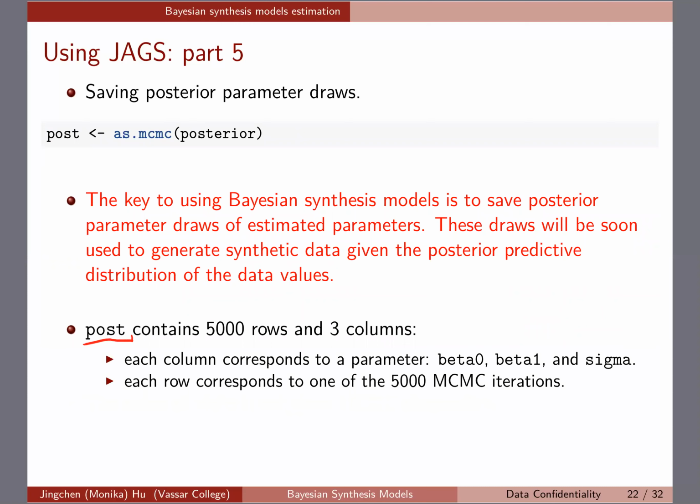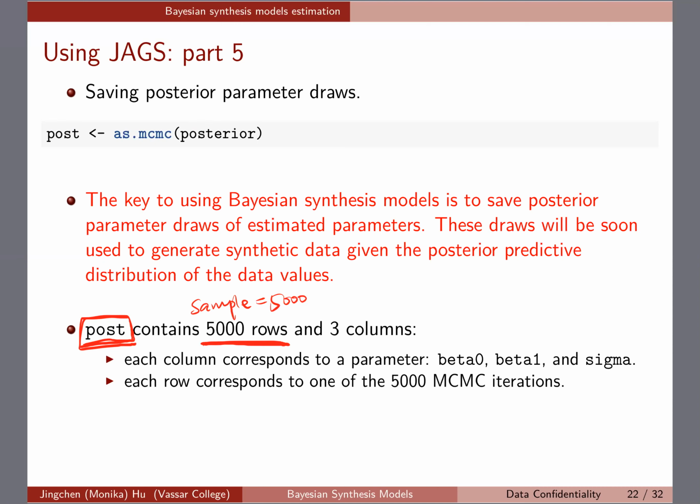Just to explore this post a little bit, if you run those lines on your own machine, you will see that in the end, the post contains 5,000 rows, because that's how large my sample is. Remember, each row is a sample, in the sense that it's one MCMC iteration. This is because I set sample earlier to be 5,000.